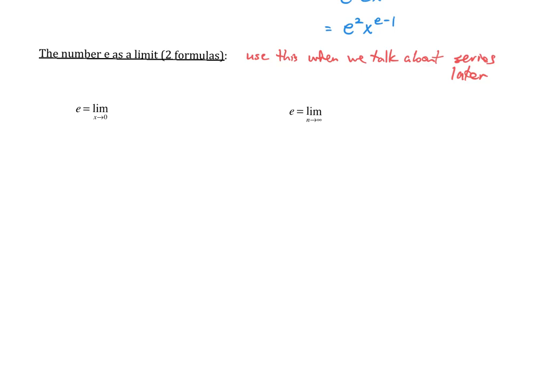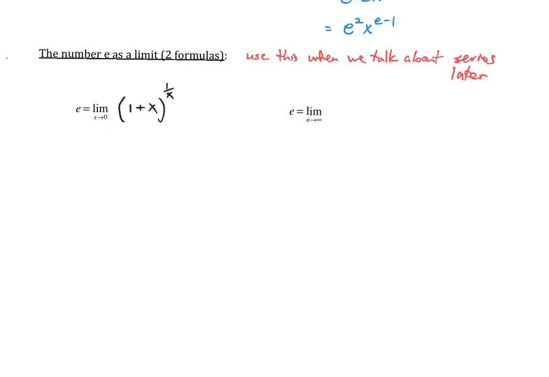So there's a couple of different limit definitions of e. The first one looks like this. We have the quantity 1 plus x raised to the 1 over x power. That's one definition of e, and that's when x goes to 0.